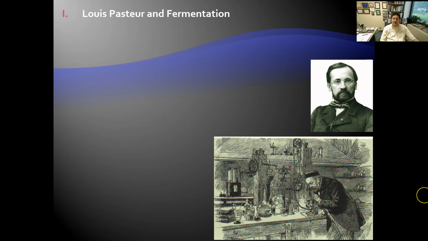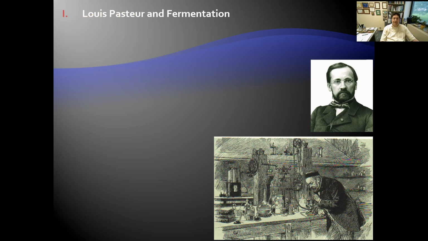So first, a little bit of history. It's always important to give credit to scientists and people who made these groundbreaking discoveries. Louis Pasteur, pictured here and here, was a French biologist who worked in the mid-1800s and is a real key figure in that golden age of microbiology we talked about.